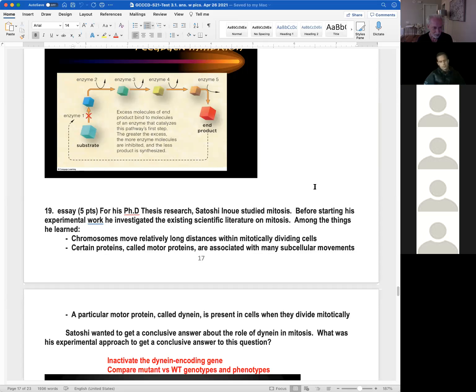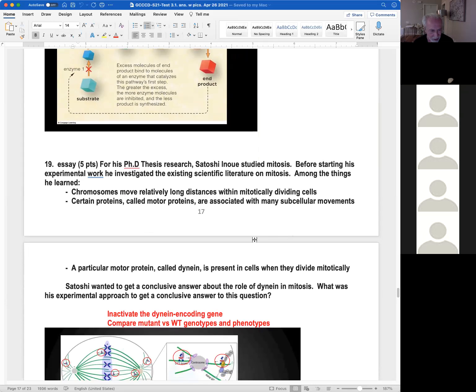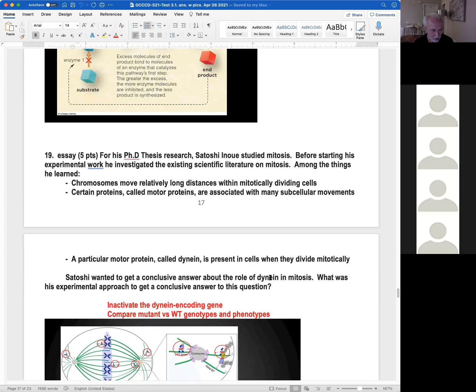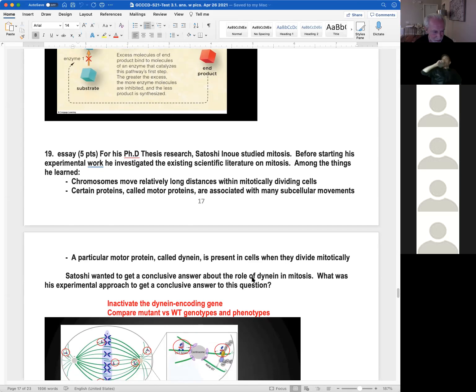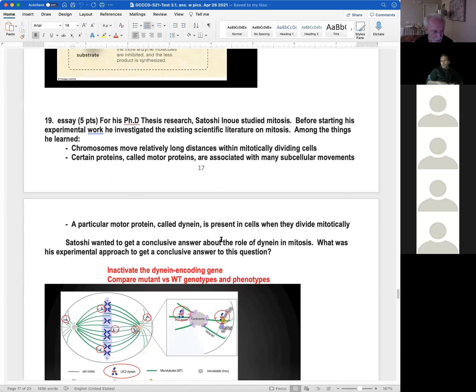And a particular one of these, called dynein, is present in cells when they divide. So he wanted to get a conclusive answer to a question about the role of dynein in mitosis. And so what I asked was, what was his experimental approach to ask conclusively, what role does dynein have in mitosis?